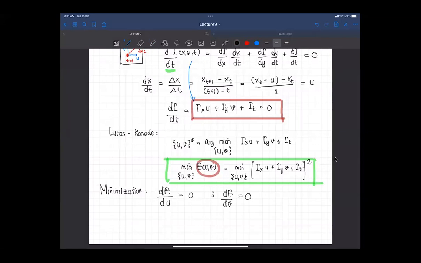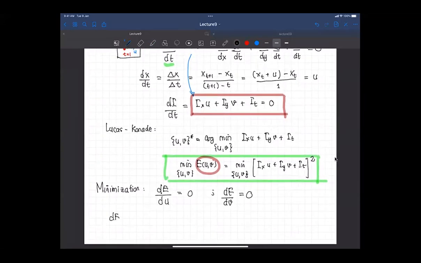Okay, so now let's look at dE/du. What does dE/du equal then? Anyone? dE/du equals 2 times Ix, it's a very basic derivative, times (Ixu plus Iyv plus It) times Ix, equals 0.